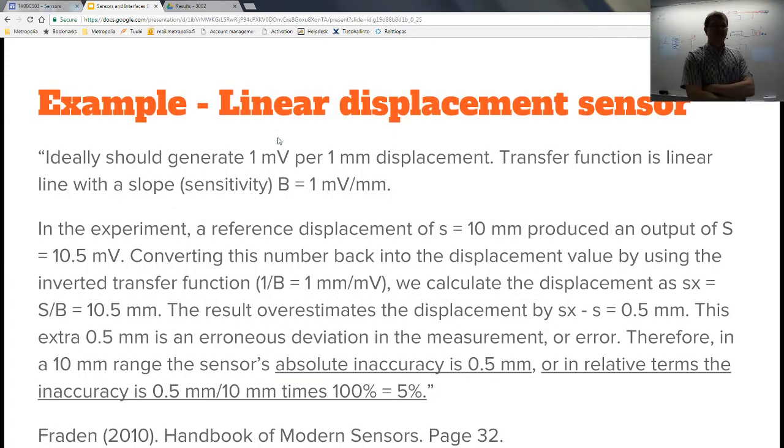Okay. Small example. Linear displacement sensor. The easiest linear displacement sensor is actually a linear resistor. Just a slider. You have seen those on your grandfather's audio equipment. Sliders.